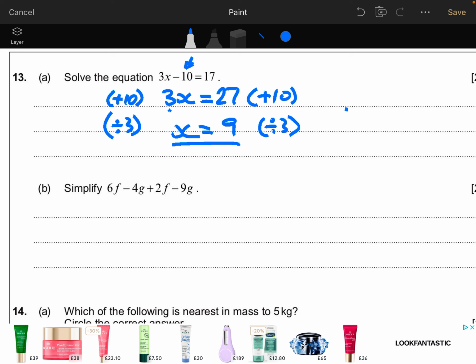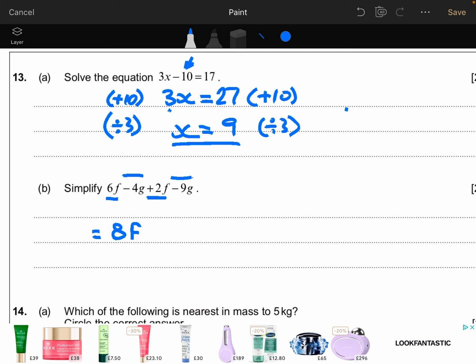So we're looking at things that are the same. We've got a 6f here and a plus 2f here. So 6f plus 2f is 8f. Then dealing with the g's, I've got to be a little bit careful because there are negative signs here. I've got a negative 4g take away a 9g.